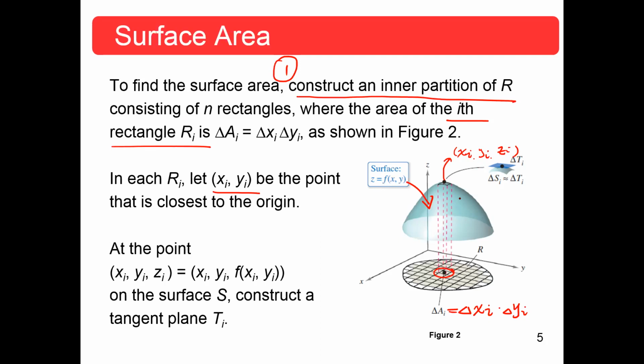Now, because this surface is differentiable, we know you can construct a tangent plane. Here is the tangent plane, this part in blue. The tangent plane touches that point, and touches the surface only at that point. So we have a tangent plane, T sub i.